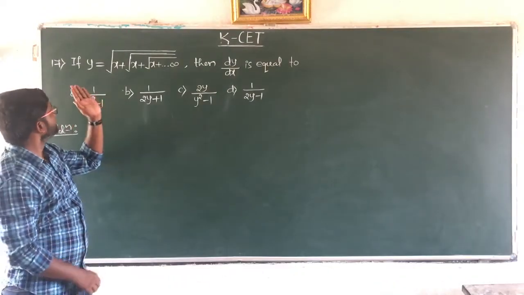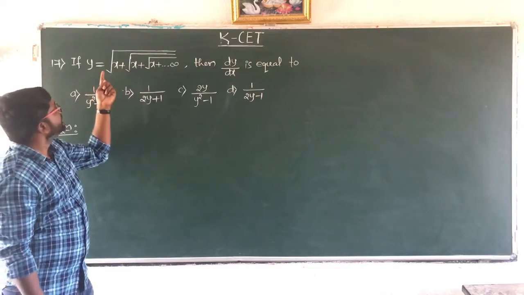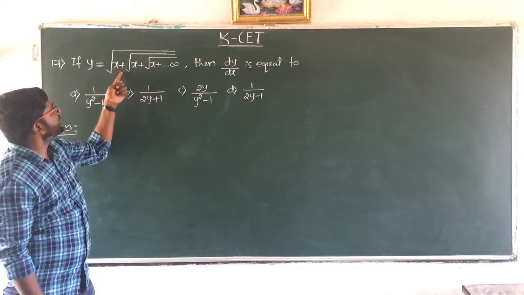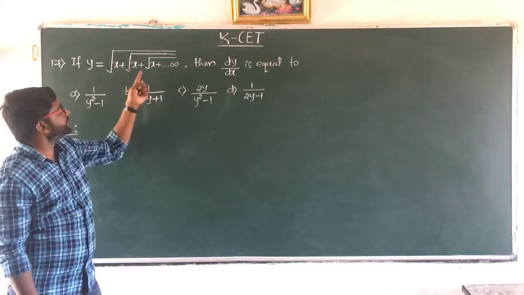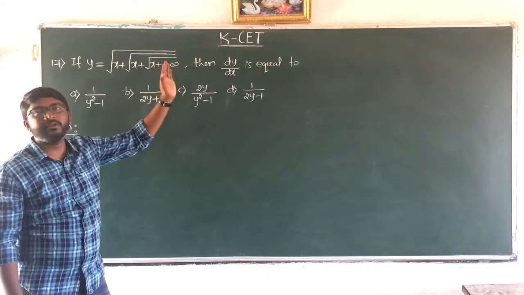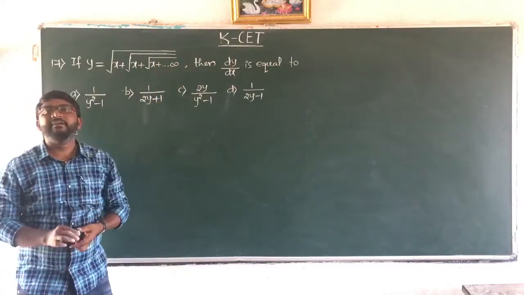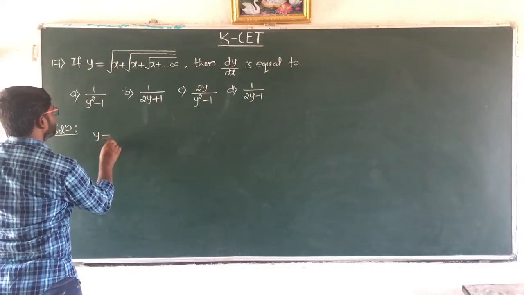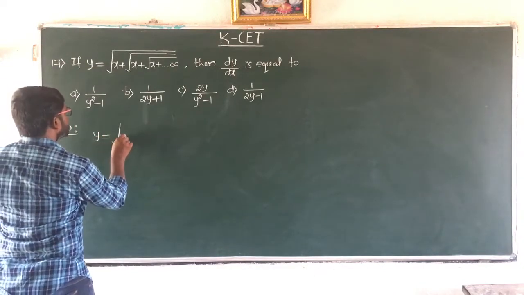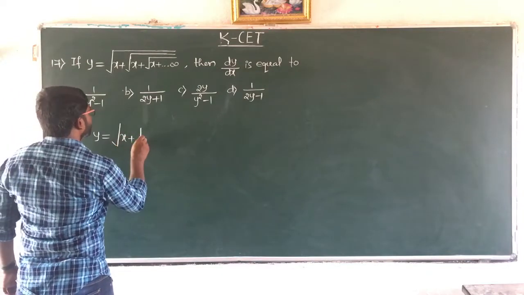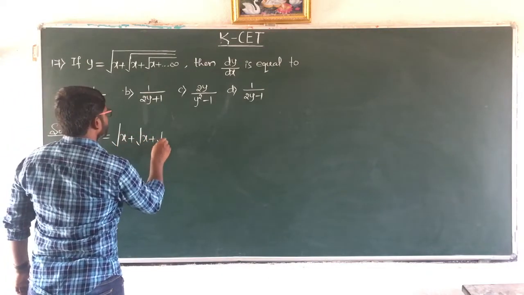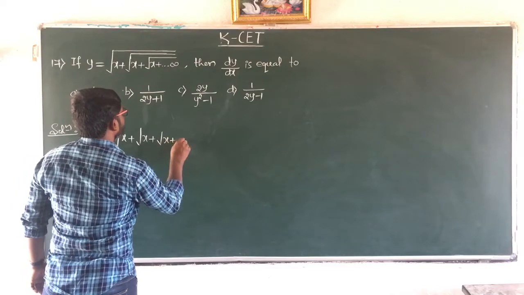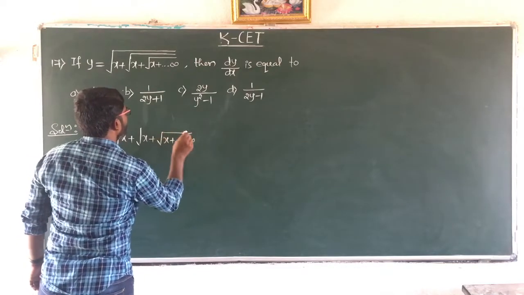So the next question it is, if y is equal to square root x plus square root x plus square root x plus so on infinity, then dy by dx is equal to, so I'll write the given function as it is. So it is x plus, again x plus square root x plus so on to infinity.